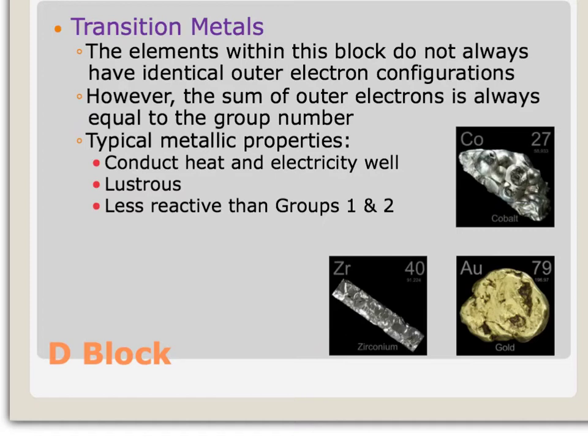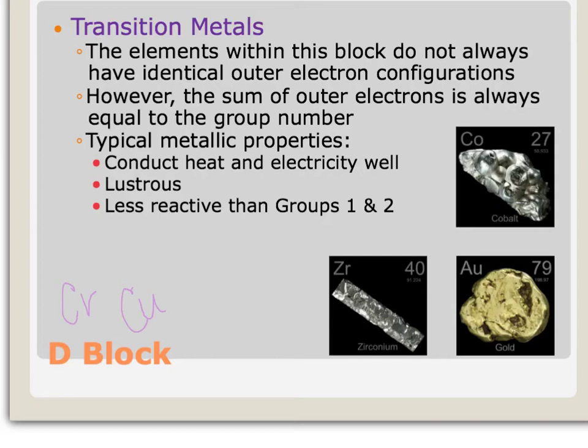And the elements in here, there are a couple of exceptions. You saw these in the last chapter. Chromium was one. I think copper is another one. They have some slight variations in outer electron configuration. However, they are filling the D block, and the sum of their outermost electrons, their outer shell electrons, is always equal to the group number that they are in.